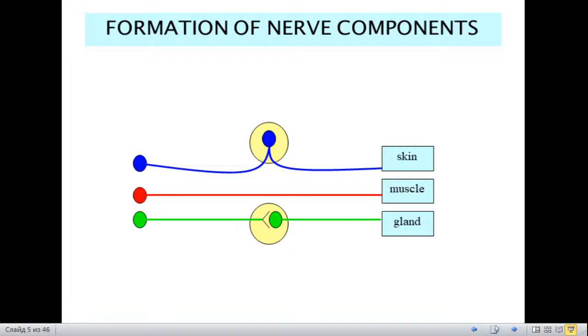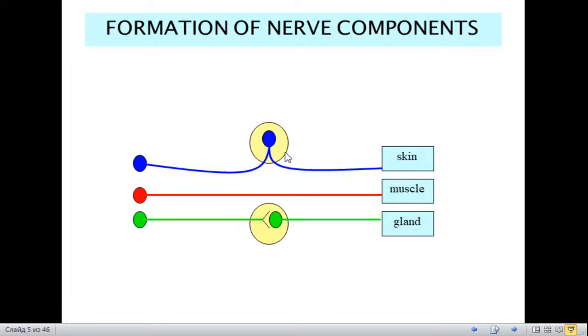Next, formation of nerve components. I think you understand that cranial nerves might have 3 basic components: sensory, motor, and parasympathetic. And this picture shows formation of each of these components. First one, sensory component. As you know, there are two types of sensory cells due to structure. They are bipolar or pseudo-unipolar neurons, and cell bodies of these neurons are located in the sensory ganglion.